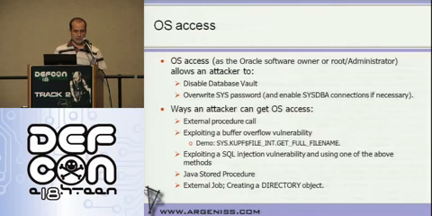We are going to see also that exploiting a buffer overflow vulnerability can allow for operating system access and the disabling of Database Vault. Also, it is possible to use Java stored procedures to get operating system access, and also external jobs and creating a directory object could also lead to file system access and the compromise of Database Vault.